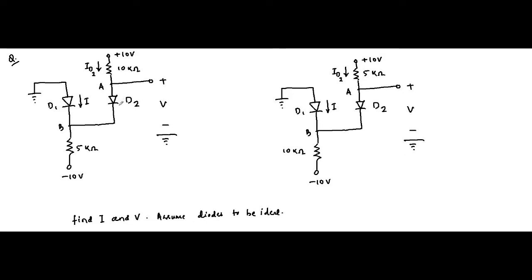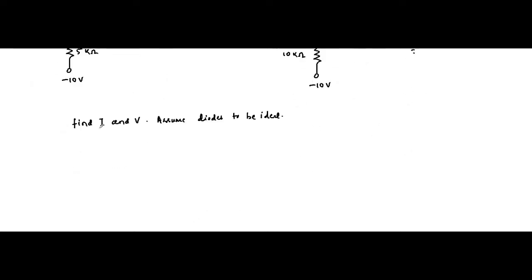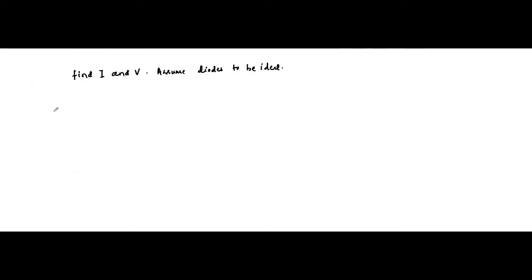For D2, N end is connected to a negative potential minus 10 volt, P end is connected to a positive potential plus 10 volt. So for the first case, let's go with the assumption that D1 and D2 are on.